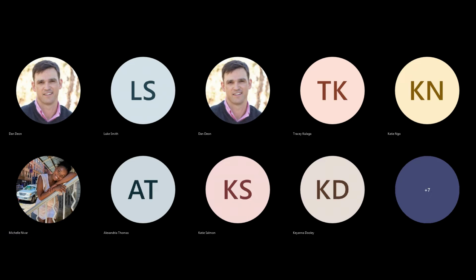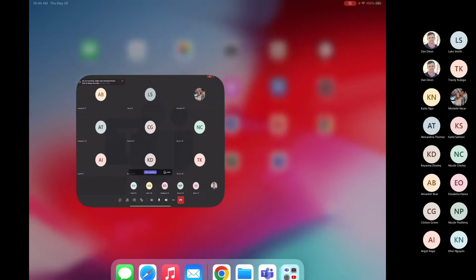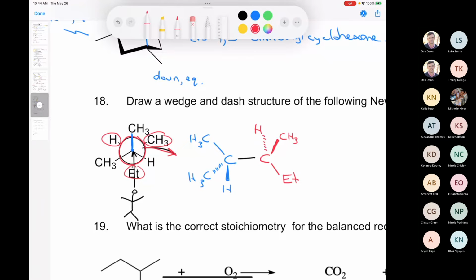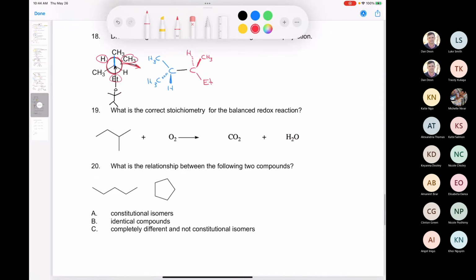Anyhow, let's move on. What's the next question about? Combustion. So just a straightforward combustion problem. This is something that you would have learned in General Chemistry 1, how to balance a redox reaction. So this compound here, 2-methylbutane, the formula is C5H12. The rule is whenever you're balancing a combustion problem, save O2 for last.